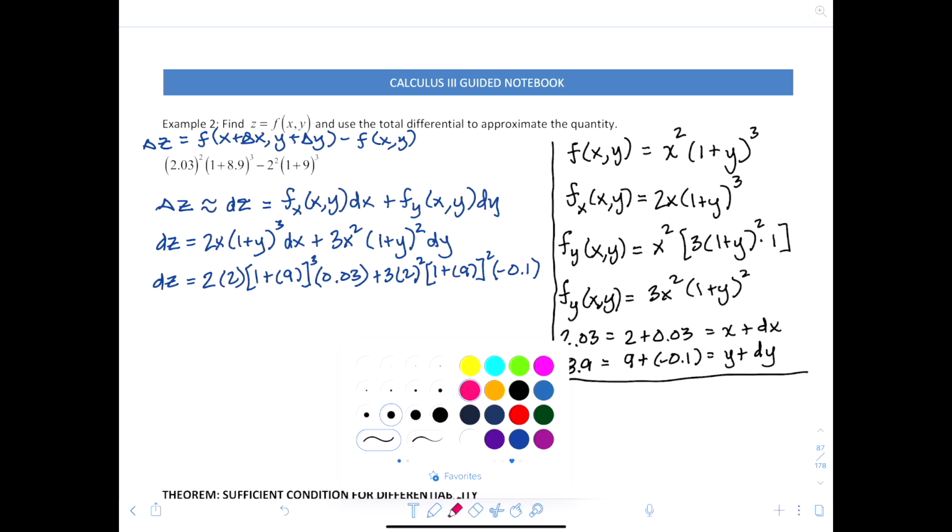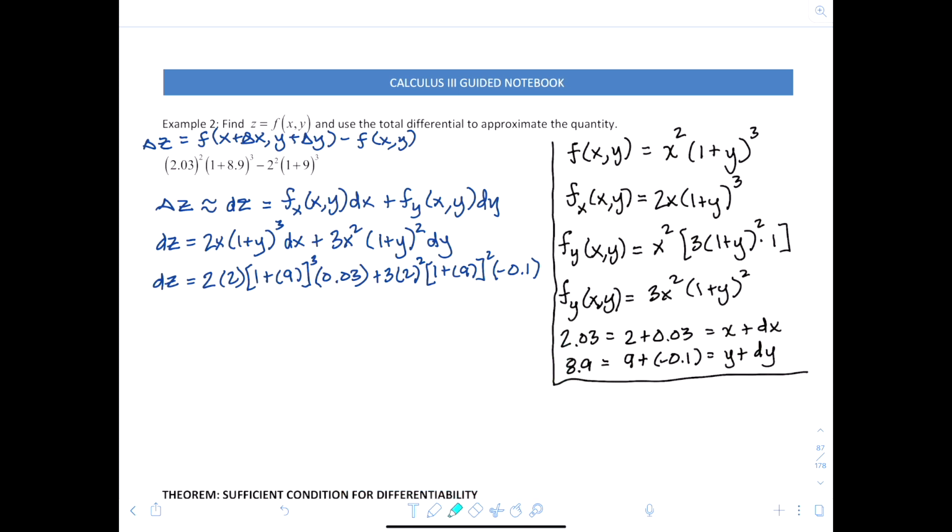So here we go. Wherever there was an x, I put in a 2, and wherever there was a y, I put in a 9.